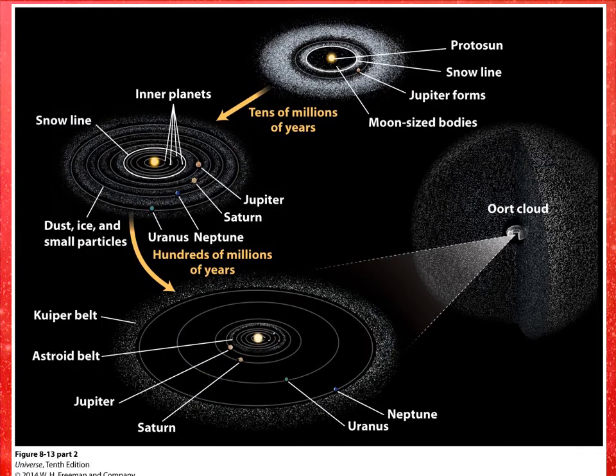So the solar system, we have that sun in the middle. We've got the inner planets, which are the rocky planets. The outer planets are the gas giant planets. And then as Jupiter migrated inwards, it shut off formation of planets and made an asteroid belt. As Uranus and Neptune migrated outwards, they shoved all the other things really far out, and that made the Kuiper belt.